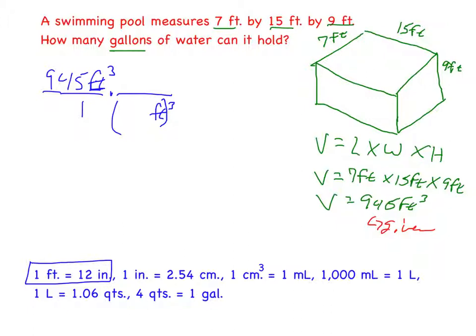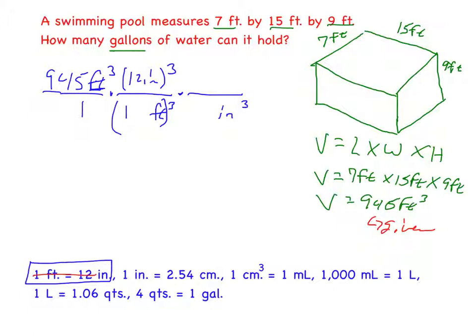So that's the one we're going to use. 1 foot equals 12 inches. And since we have to cube this 1 foot down here, then we're going to have to cube this 12 inches up here. Alright, and keep going. So put another dot, put another bar. We're going to have inches cubed on the bottom.